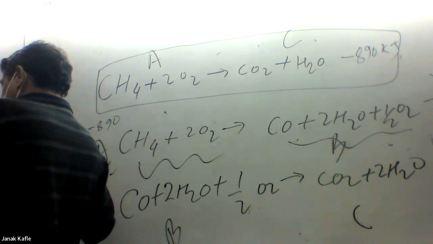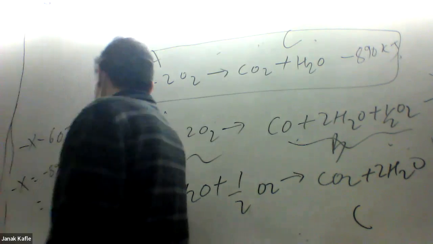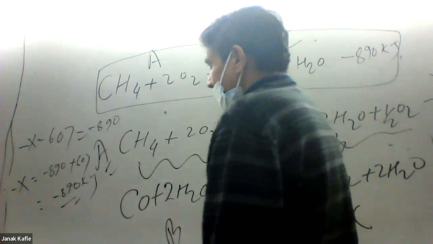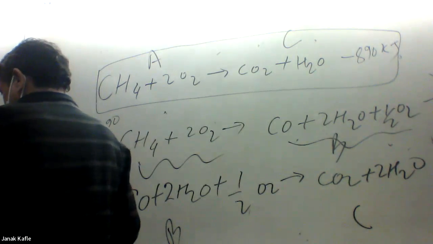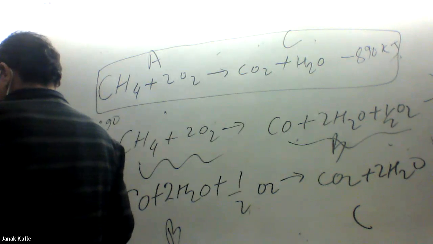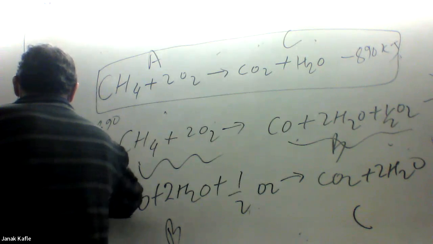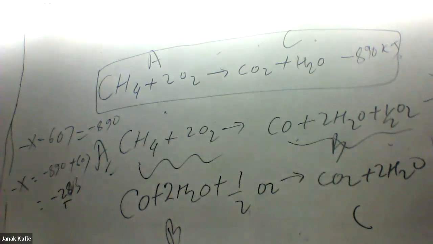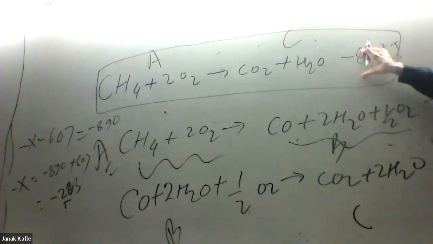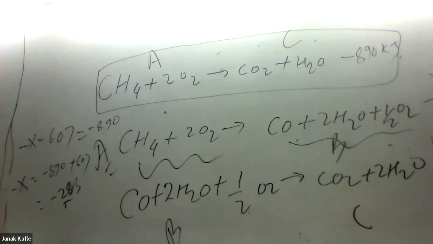That is minus 283. So minus x is minus 283. Look, if you put minus 283 here and minus 607, and add this one and this one, that gives you that number, right? Got it? All right, so that's how we do it.